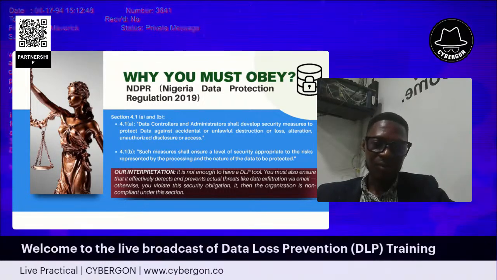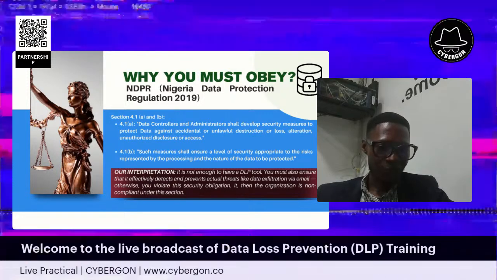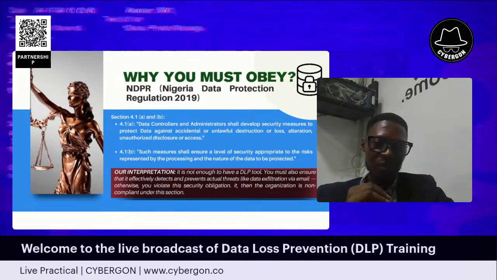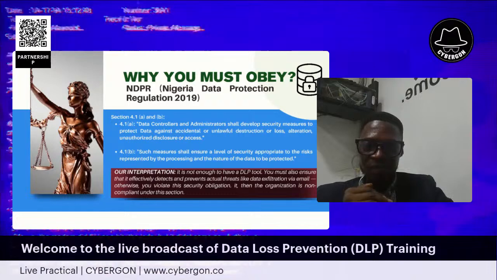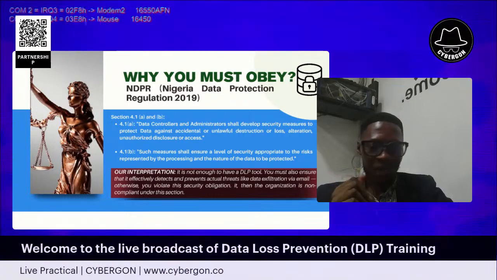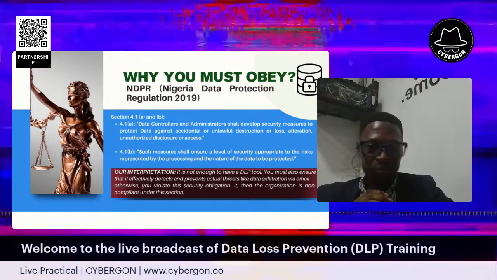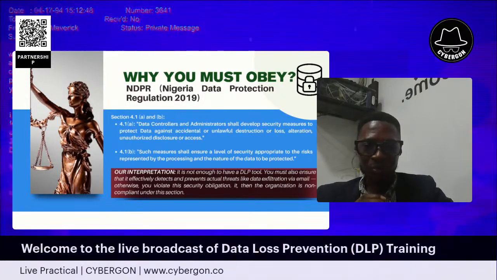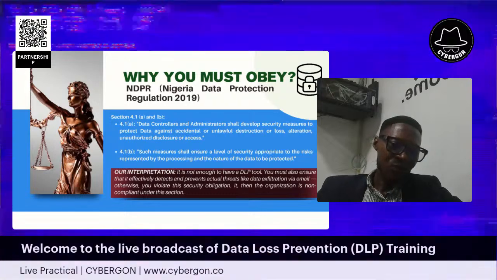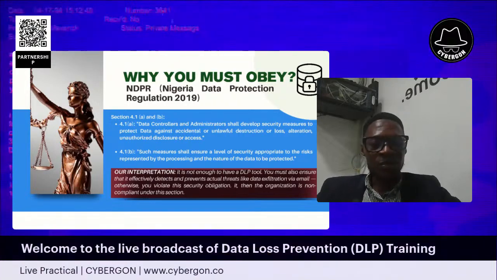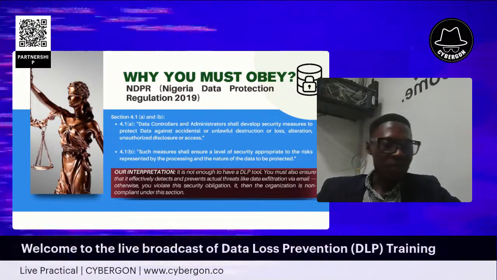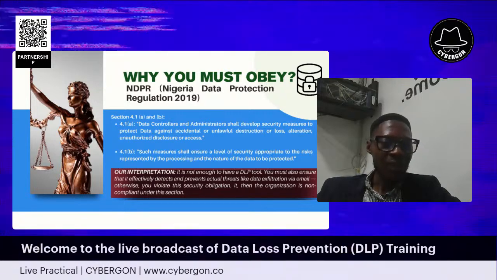You should have a record of every activity on the computer system. So every email that goes out, email that comes in, attachments, uploads, you should have a log: who uploaded, who downloaded, at what time, from what PC, and so you should have that information as a log. So a DLP solution should be able to provide the log in real time.